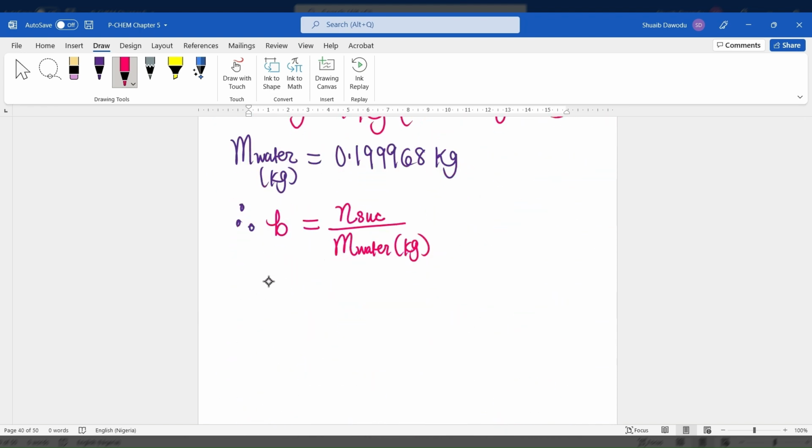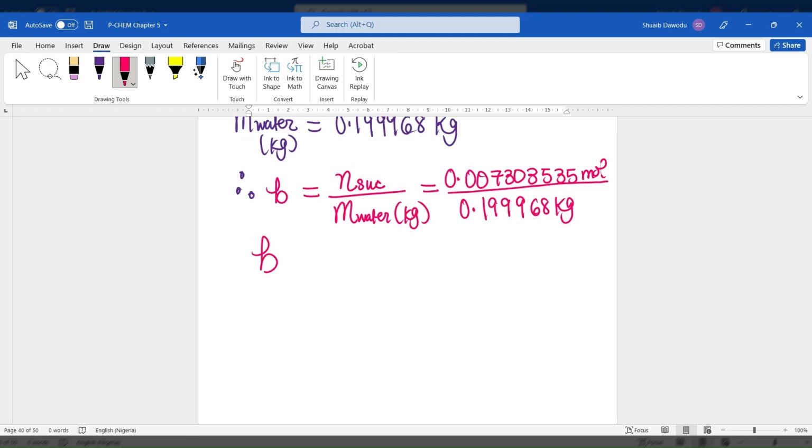So the value for B is 0.00730355 mole divided by the mass of water in kilograms, which we just solved, and that is simply 0.199968 kilograms. So B is simply 0.00730355 divided by 0.199968, which is going to give you 0.0365232 mole per kilogram.